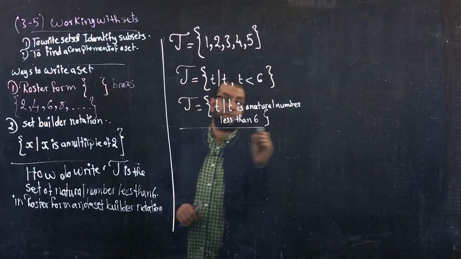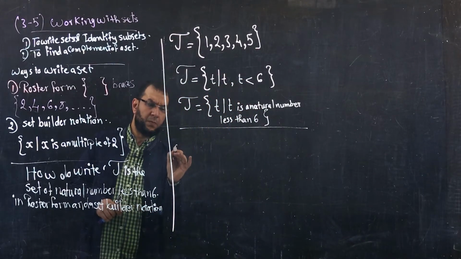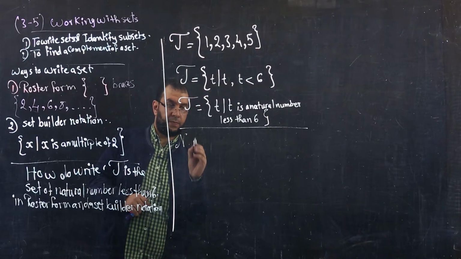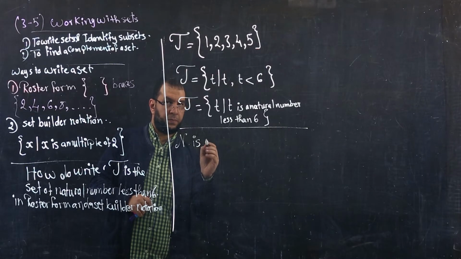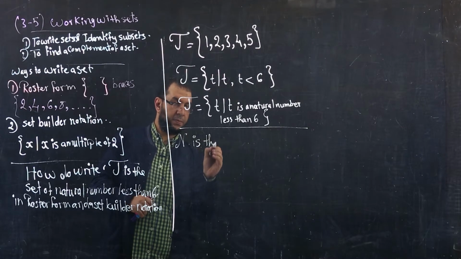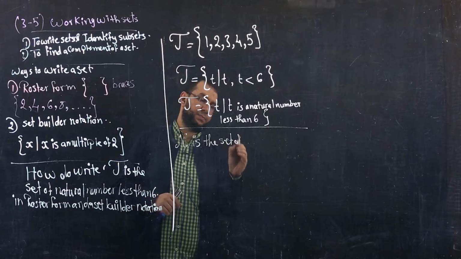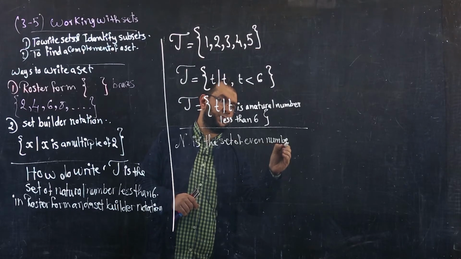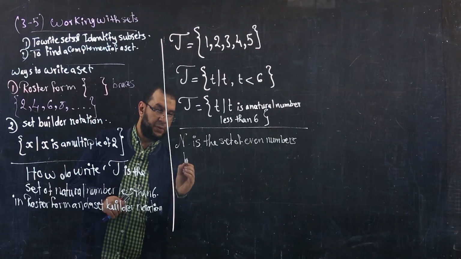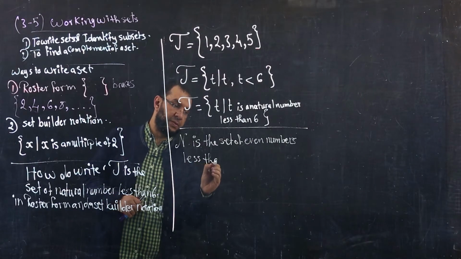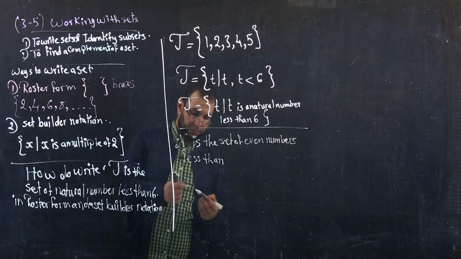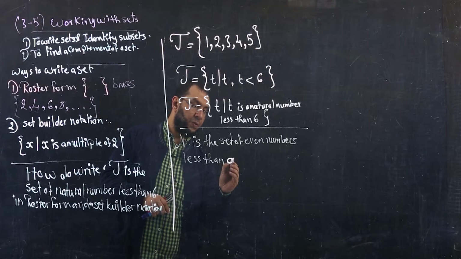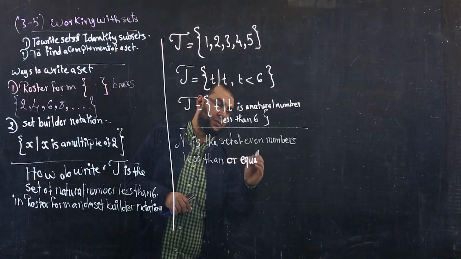Okay, another example. N is the set of even numbers less than or equal to 12.